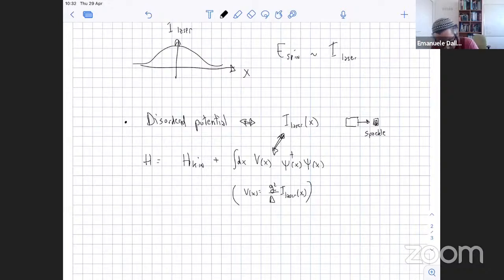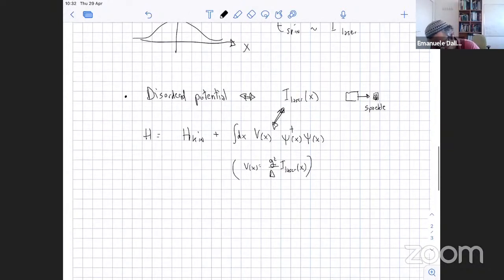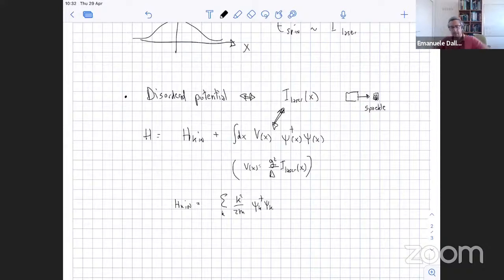We can write this in a more compact way by recalling what the kinetic energy is. The kinetic energy is the sum over k of k squared over 2m psi_k dagger psi_k. If you have a particle, this is just the number of particles with a given momentum, and the energy per momentum is k squared over 2m.